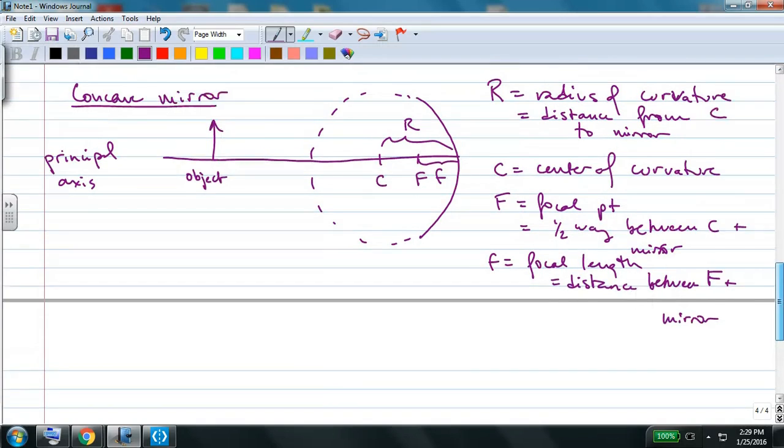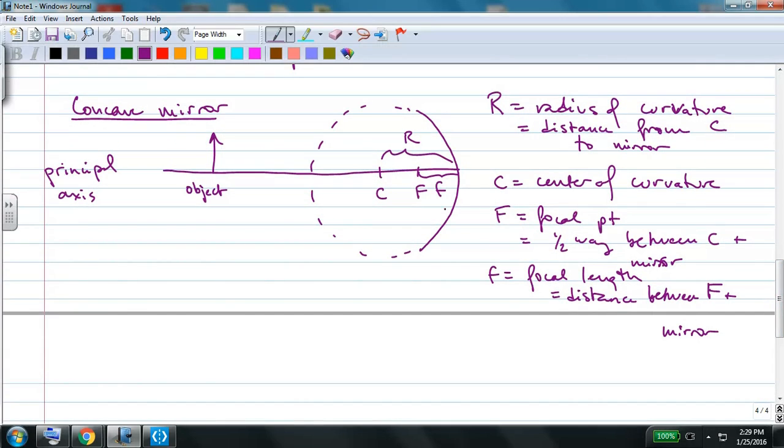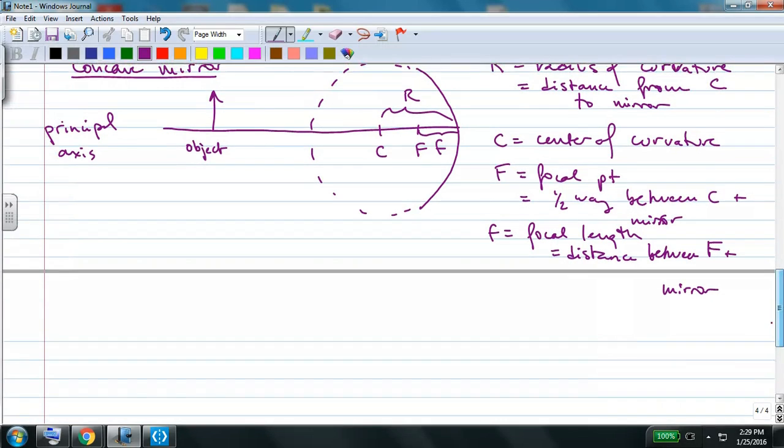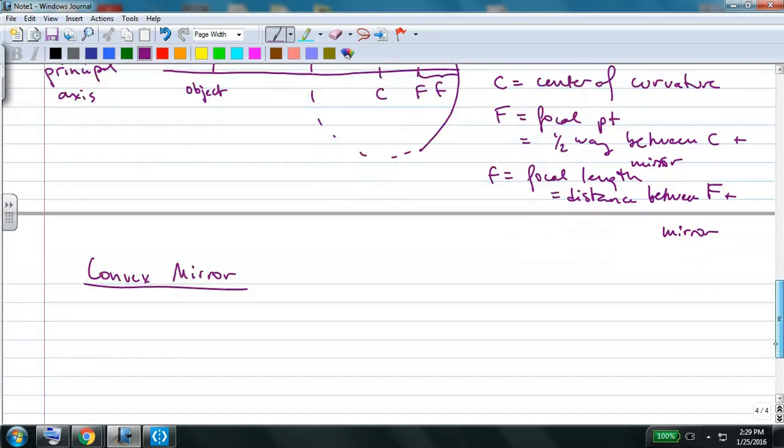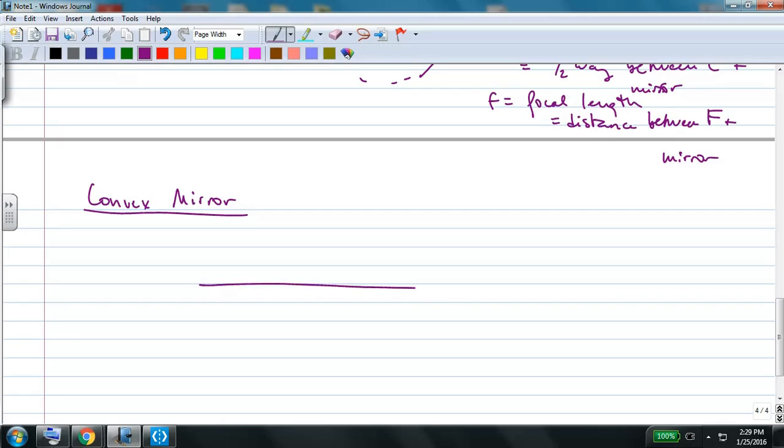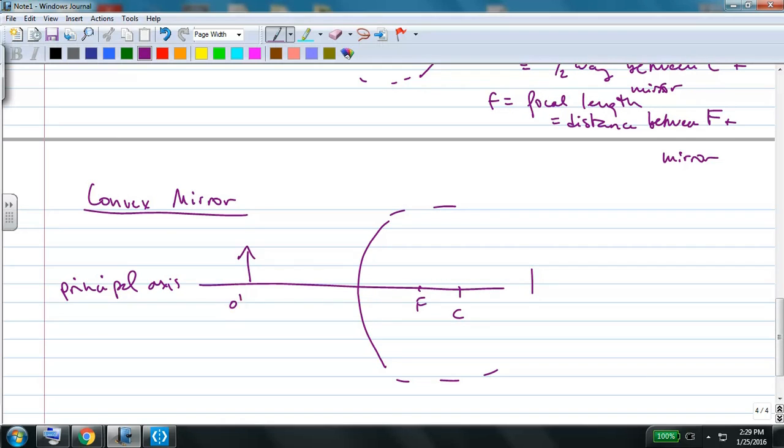Okay, so the C and the F are inside the mirror, just like in this case the object is. So what if you're talking about a convex mirror? Well, the C and the F still stay on the inside of the mirror. It's just really that the object has moved. So we talk about the principal axis again. And again, here's our mirror. And here is maybe, let's see, maybe that's our C and maybe that's our F, and here's our object.